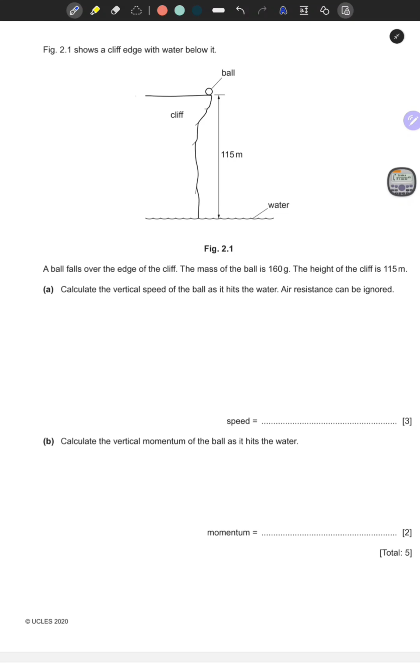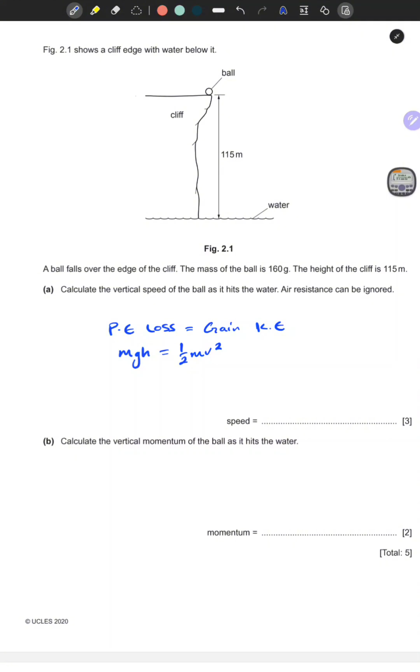The loss of the potential energy is equal to the gain in kinetic energy. All right, so the potential energy equals mgh, and that is the loss changed to kinetic energy, which is equal to half mv squared.